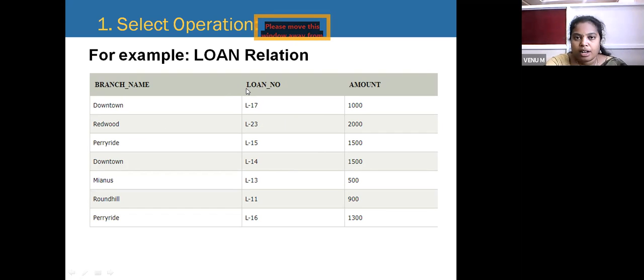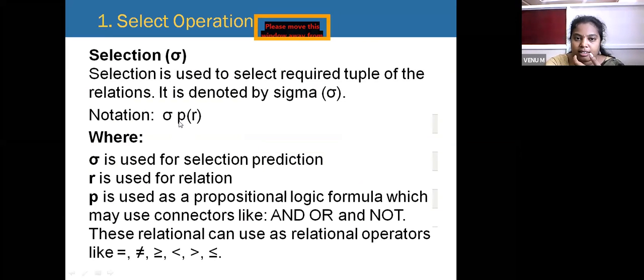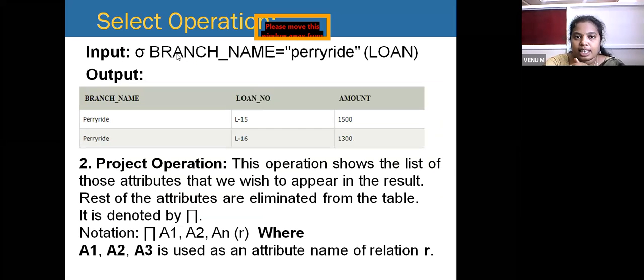We have to display every attribute of data in the loan relation, right? So the table name is loan. What is our condition? Branch name equals Perry Ride. That has to be written in this manner, the condition p. Observe: sigma branch name equals Perry Ride.